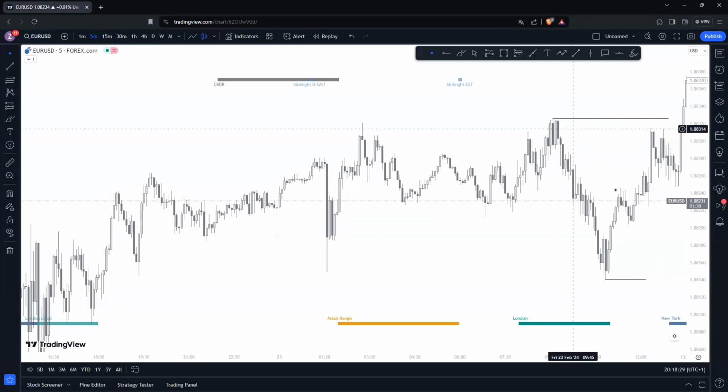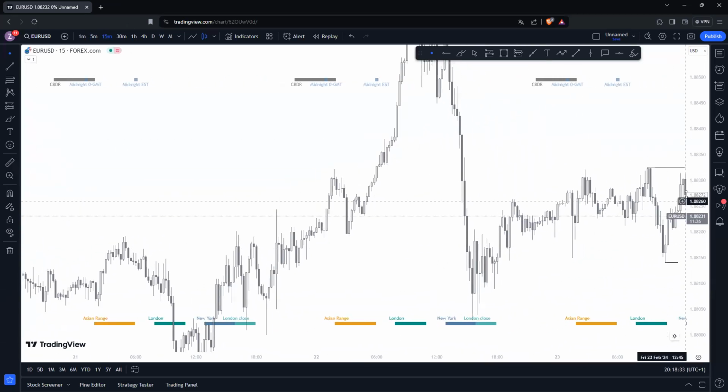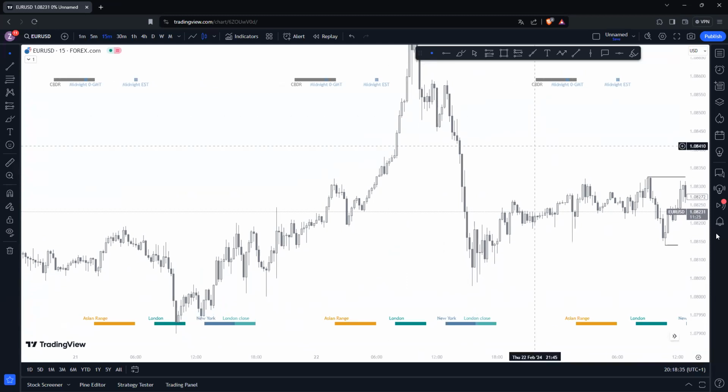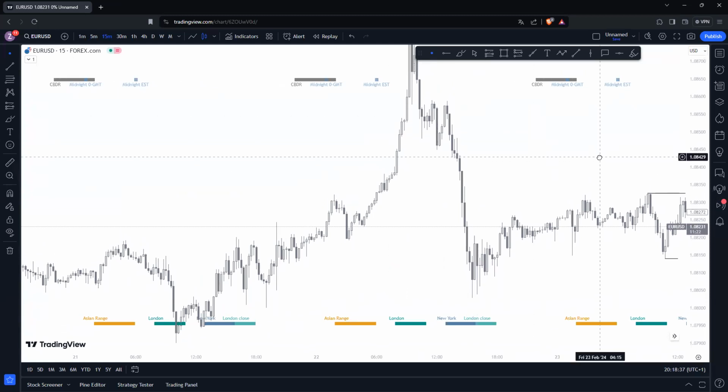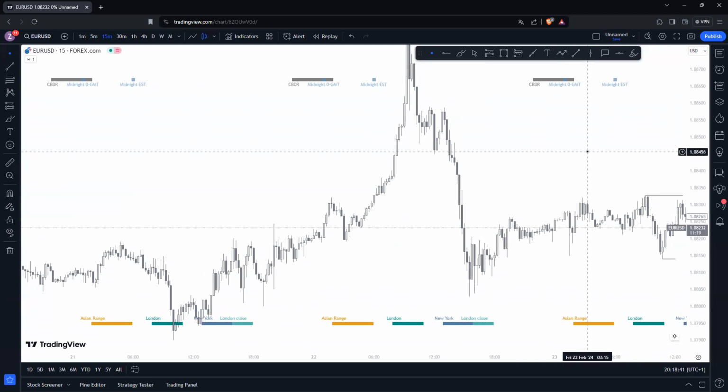So above this high and below this low, we're gonna look at engulfs on M15. So guys, for those that can annotate on my Zoom, where do you see the next engulf on M15? Okay.